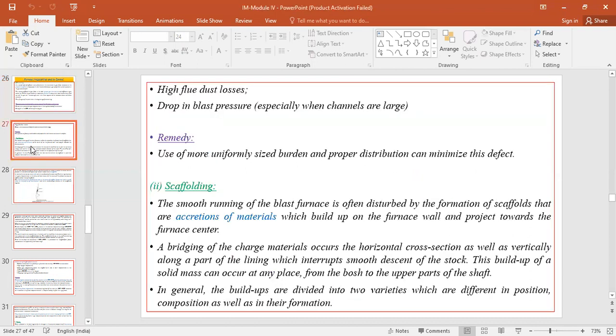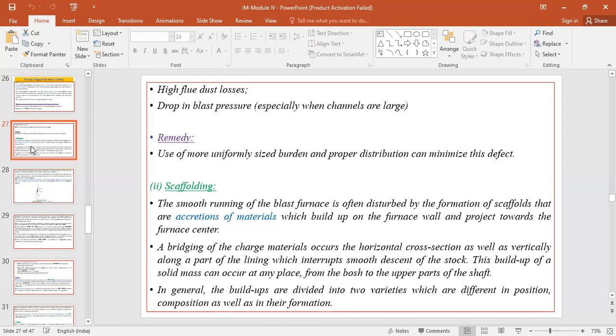Then high flue dust losses. If a huge amount of fines are generated inside the blast furnace, certainly these fines will settle down in the pores formed between the solid burden.